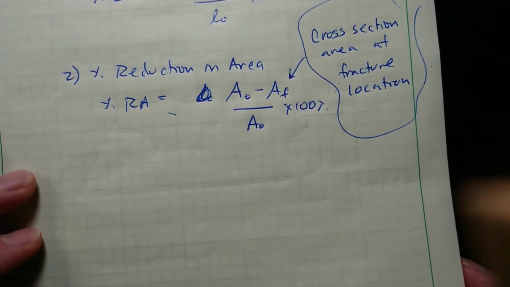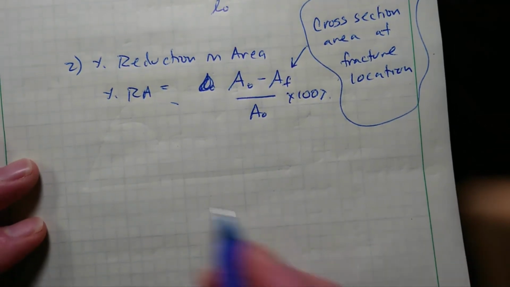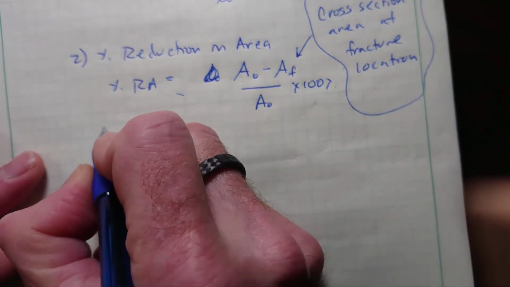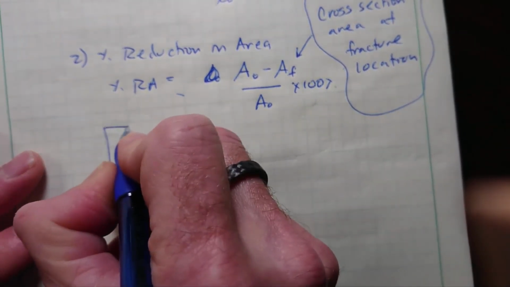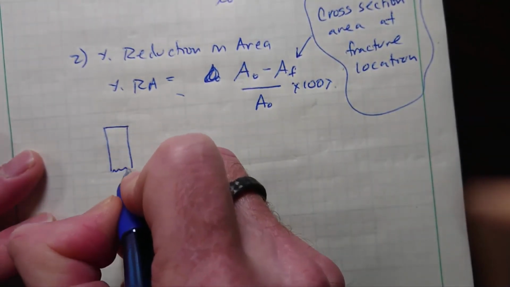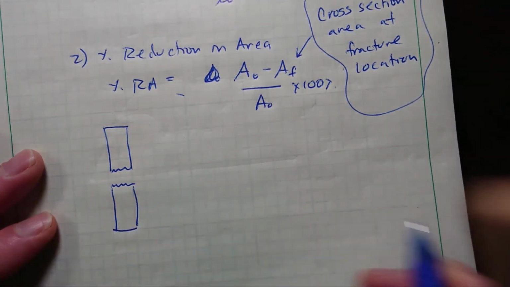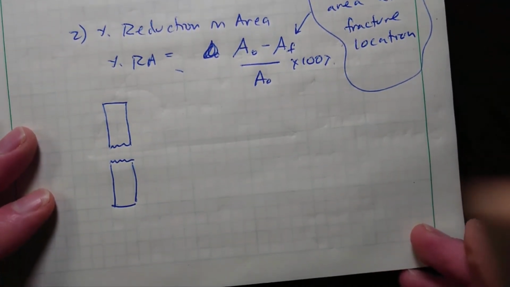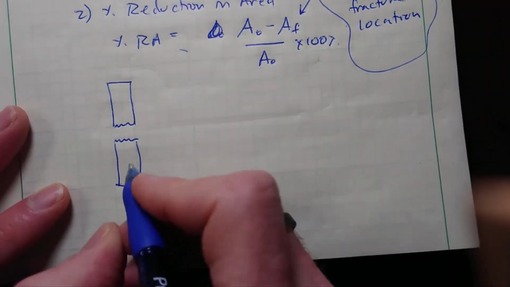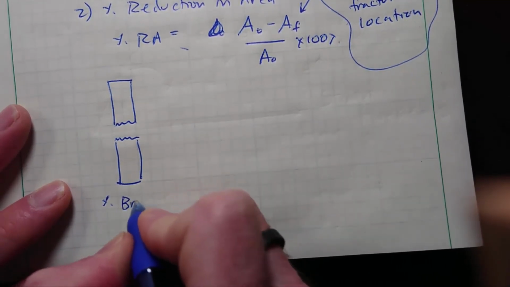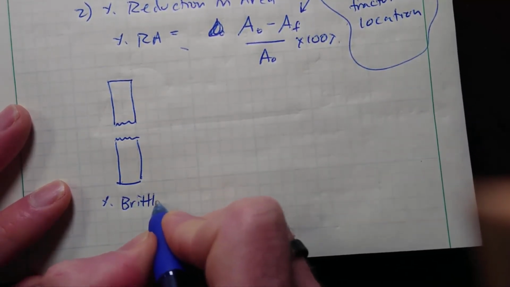Okay, here's a couple of sketches. A sample that is 100% brittle is going to have basically no reduction in area at the fracture point.